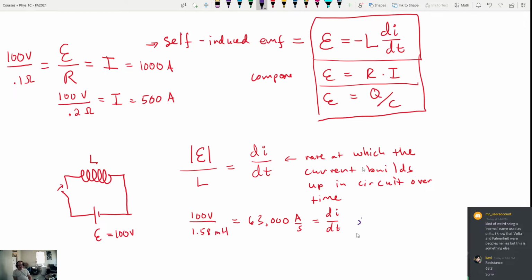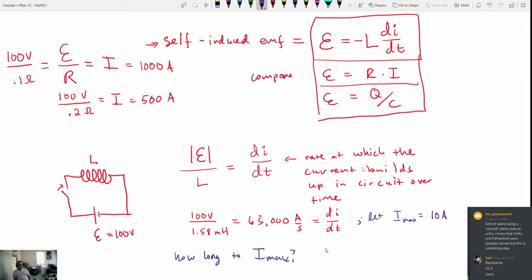All right, so let's say that we just set the maximum current equal to 10 amps. Let's just say that's our maximum current in the circuit. That would imply that there is a resistance of about 10 ohms. So let Imax equal 10 amps. We could ask the question, how long to max current?